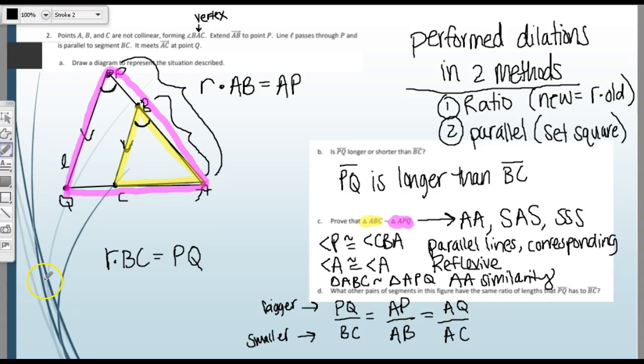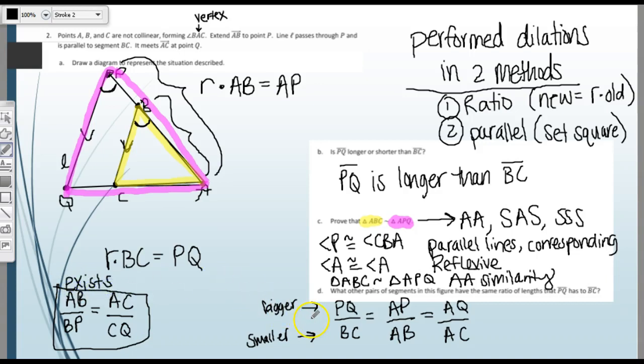There are other ratios that do exist. They just don't divide down to the same number, if that makes sense. So just kind of throw this out here as extra. This is not part of the answer for part D. But you could also say AB over BP would be equal to AC over CQ. That is another one that exists.